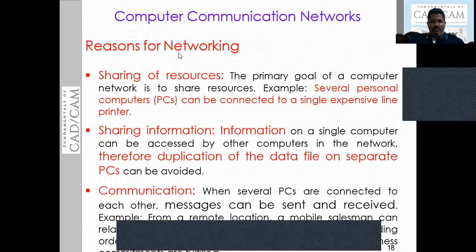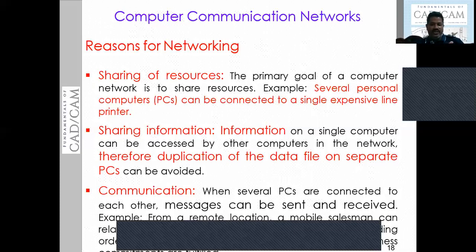This network can also be used for communication. For example, you have a central database that holds some information. A client, meaning a user, can directly access that database and update it. That means he is communicating.